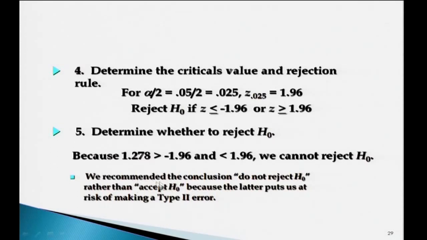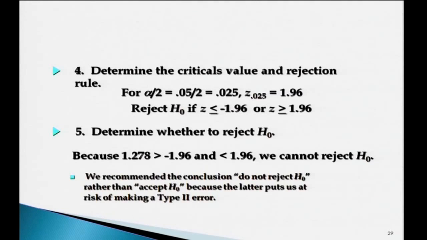We recommend the conclusion: whenever your Z calculated is less than Z tabulated, I would recommend that you write that we do not reject H naught, because whenever we say we accept H naught, there are quite chances of making a type 2 error. What was type 2 error?